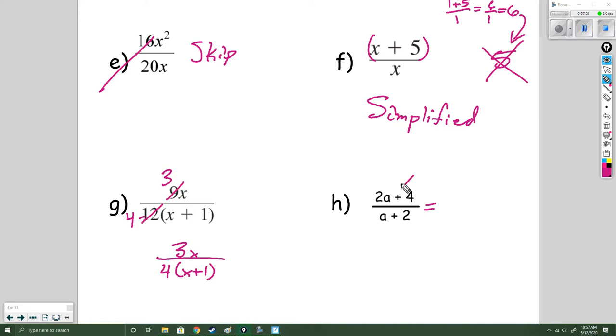So I'm going to factor from the numerator, and we can factor 2 out. 2 would be a common factor between 2a and 4. So if we factor a 2 out, that would leave us with 2 times the quantity a plus 2. And that helps us because it shows us that, hey, this is a factor, and now we've got 2 common factors. So that would just be 2.